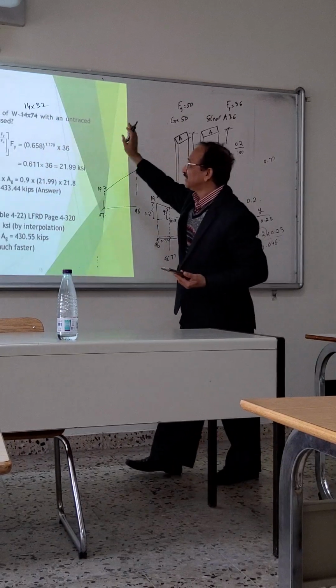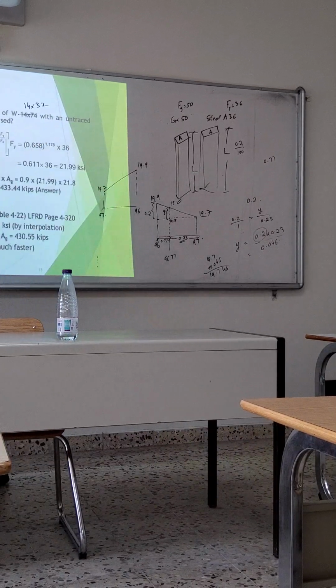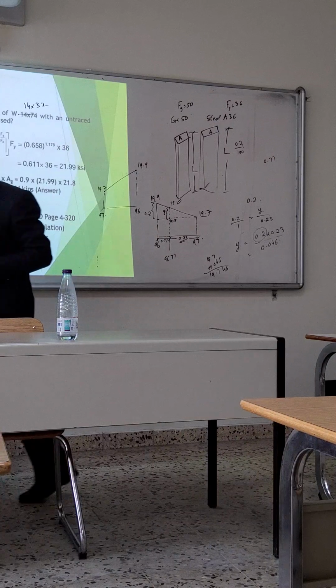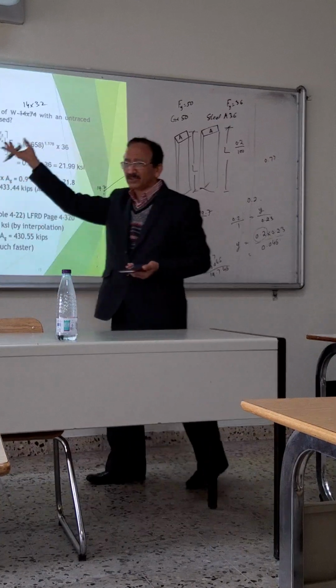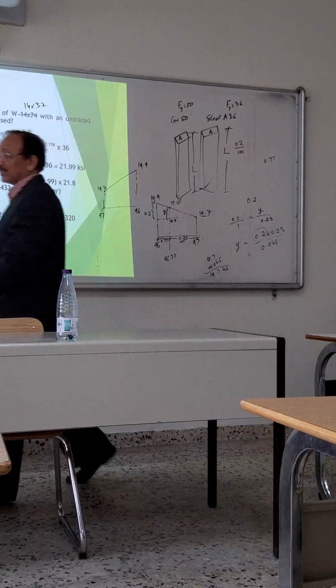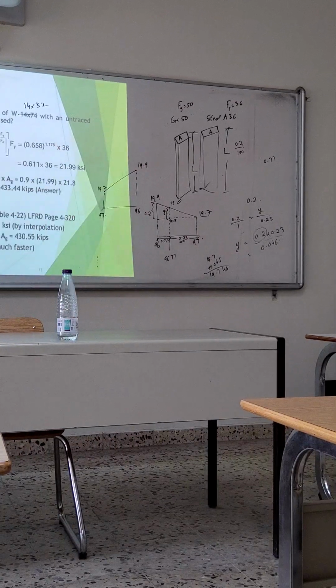I am keeping the same steel grade and length, maybe 18 feet. If you want, or if you don't want, keep 20. No problem, keep 20 because you don't have time. Same, only this section is changed. W14 by 32, so this value will be same.